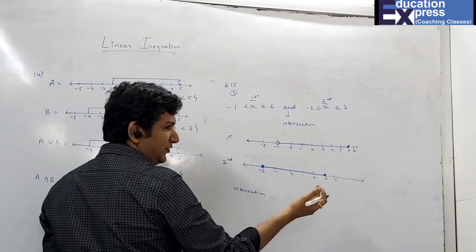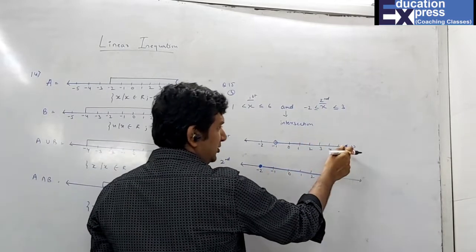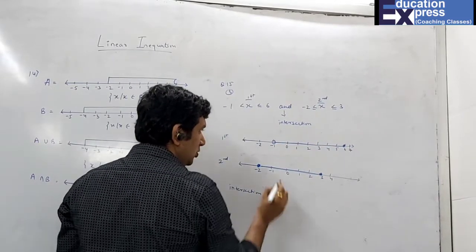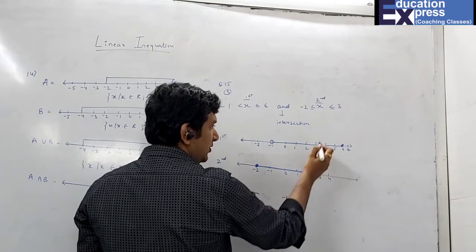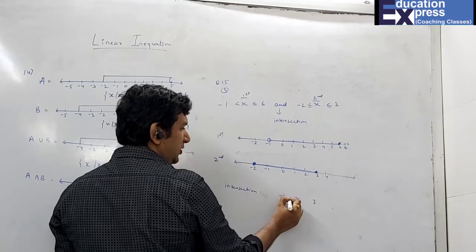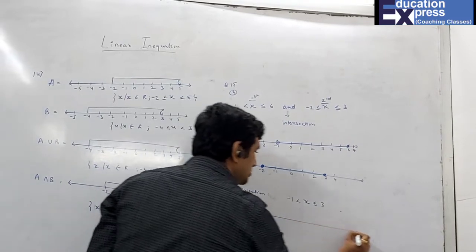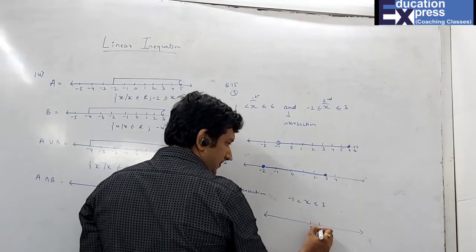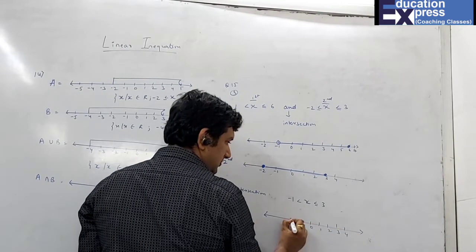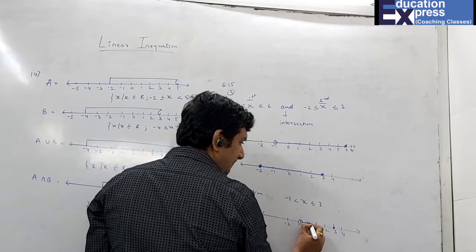For the lower left, I'll take -1, and for the lower right I'll take 3. X will come in between: -1 from here, which is not included, and 3 from here, which is included. And the number line for this will be -1 and 3.